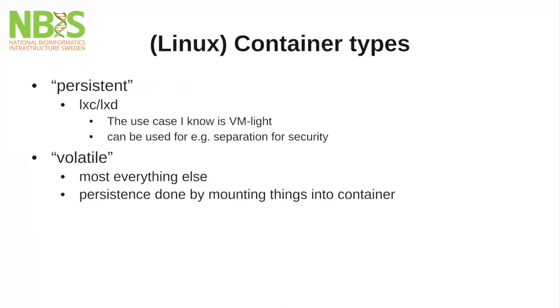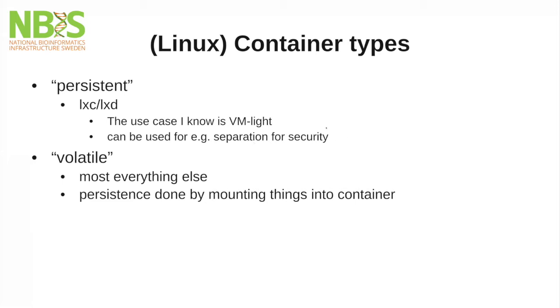Now, when we run on Linux, there are different kinds of containers. We have what I think of as persistent, where you essentially replace a VM with a container. This is typically an area in the file system or a special file system, but not normally an image. For this, you normally use LXC or LXD.